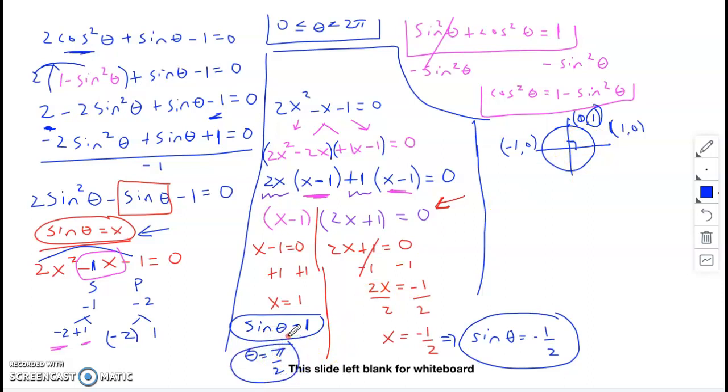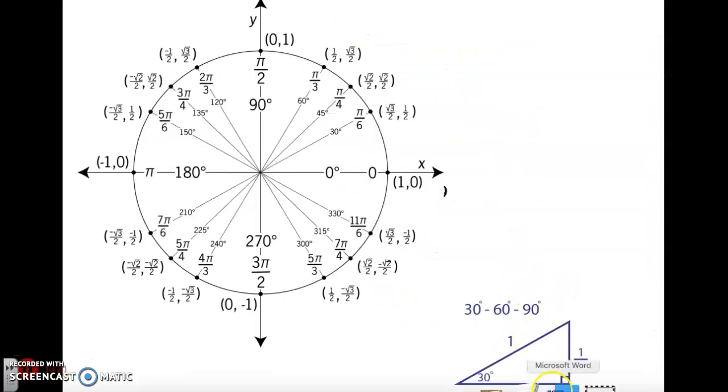I have to do the same process with sine theta equals negative 1/2. For sine theta equals negative 1/2, I'll be using a special right triangle, the 30, 60, 90. Across the 30 is the 1/2.